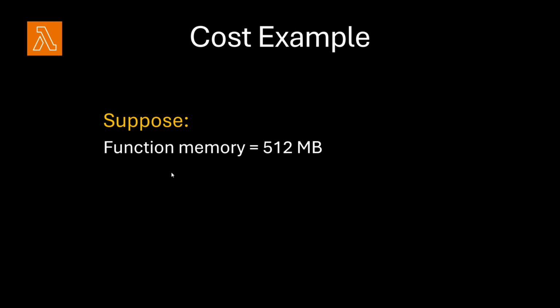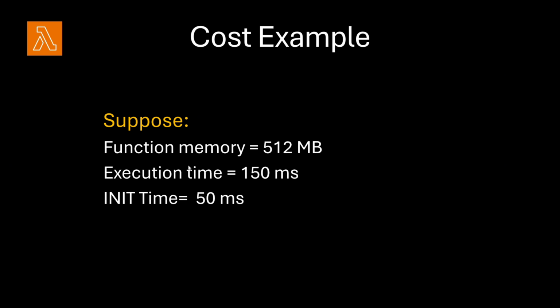Now let's try to understand this in more detail. Suppose you have a function which you have configured with 512 megabytes. Your execution time, let's suppose, is 150 milliseconds, the initialization time is 50 milliseconds, and your build time is 200 milliseconds. So this is the new scenario where build time will be 200 milliseconds, including your init time and the execution time.